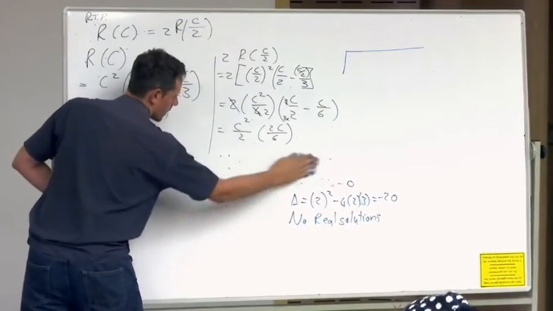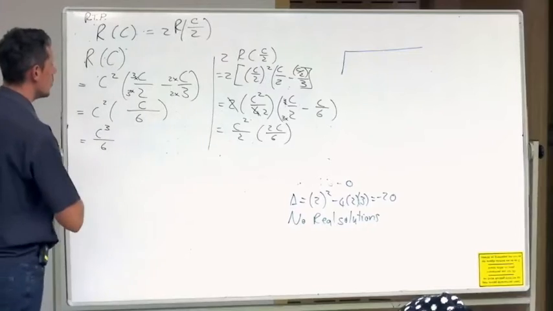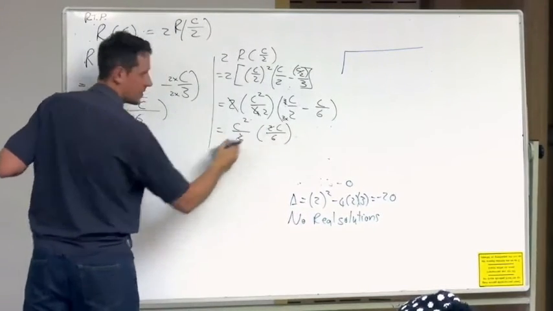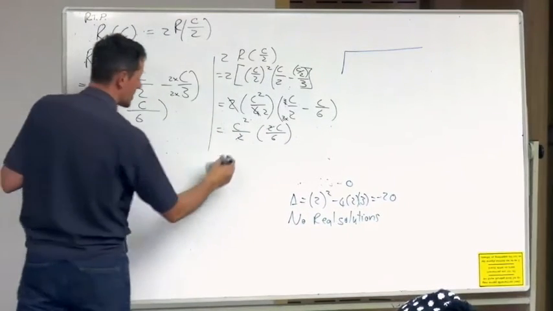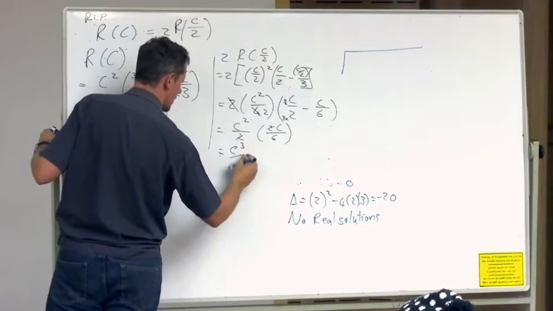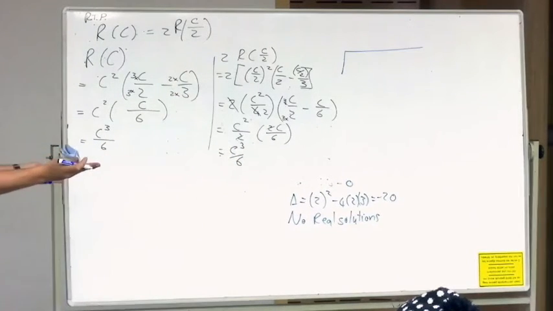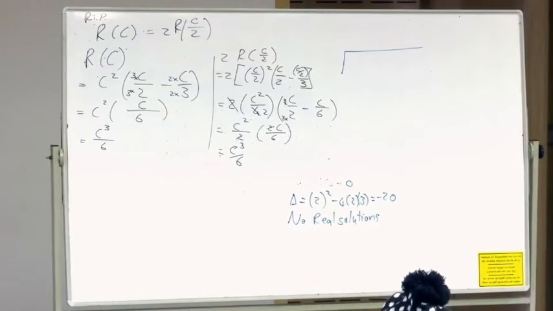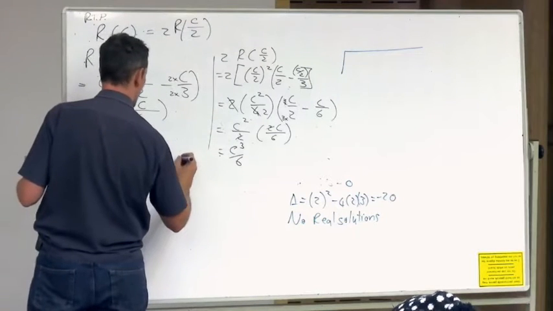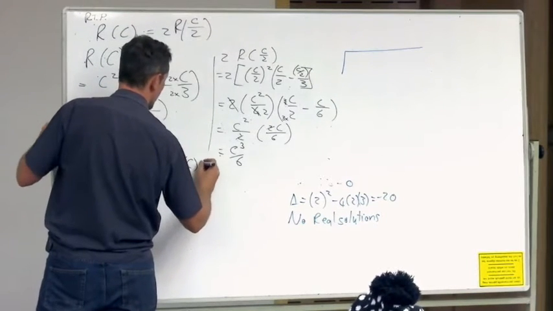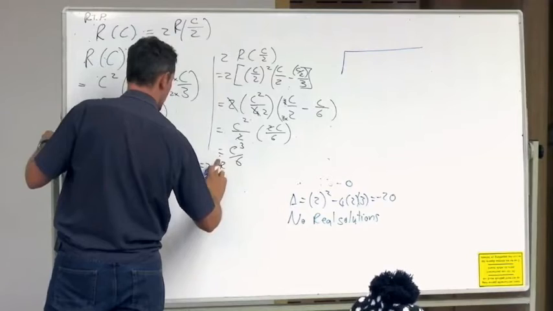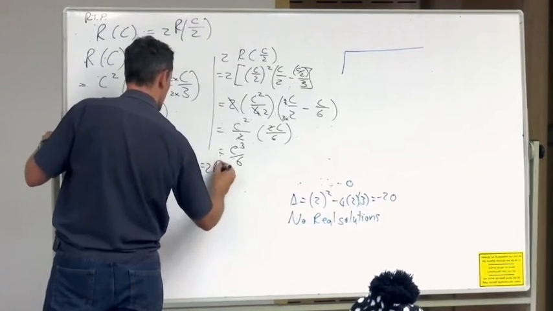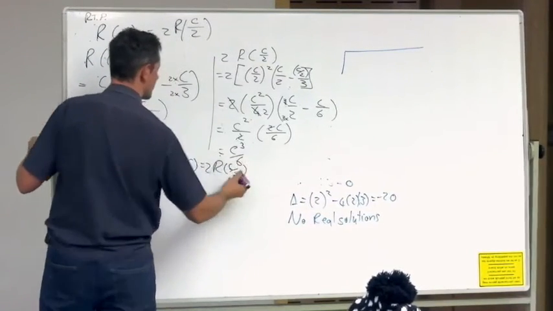Okay. That 2 and that 2 cancel out, leaving me with C cubed over 6. They are equal to each other. Magic. Okay? Therefore, R of C is equal to 2 times R of C over 2.